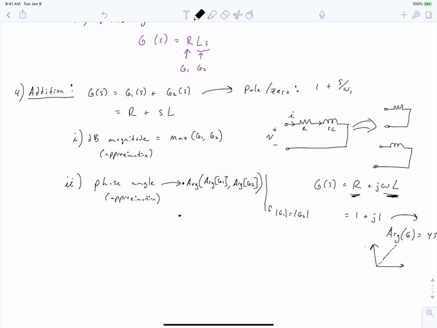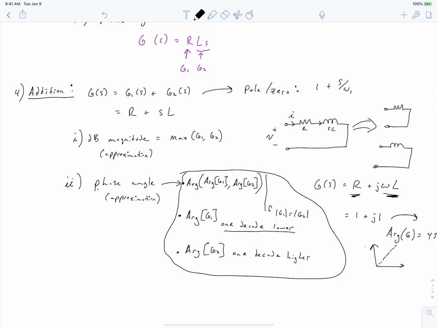The other case is that when g1 is much, much larger than g2, so we're going to say 1 decade lower, we're going to take the angle as being the argument of g1, so the angle of g1. And we're going to approximate being the angle of g2 1 frequency decade higher. And in between, it's going to be a linear approximation. So this is our phase angle approximation and our decibel magnitude approximation above.